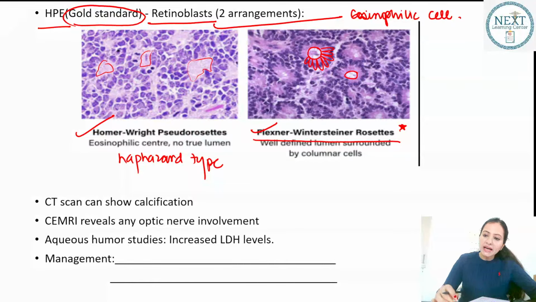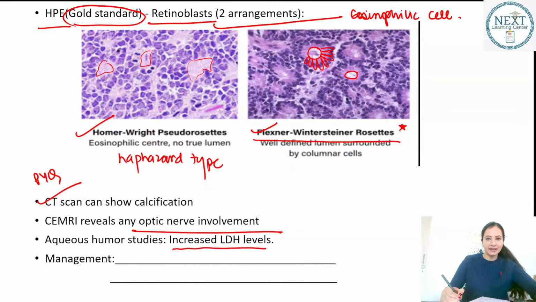Now CT scan will show you calcification, another previous year question. MRI will tell you any optic nerve involvement, and aqueous humor will tell you increase in the LDH level. Talking about the management, if it is unilateral, go for enucleation of the eye. If it is bilateral, go for chemotherapy.